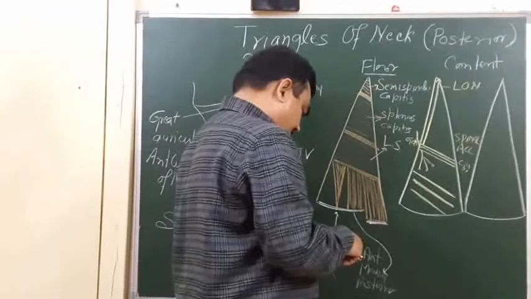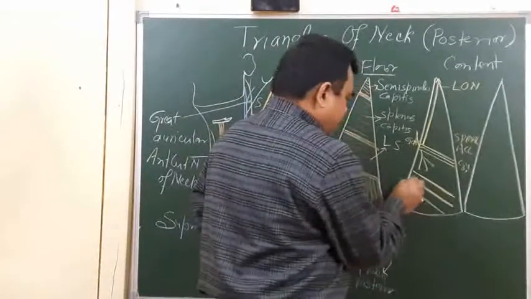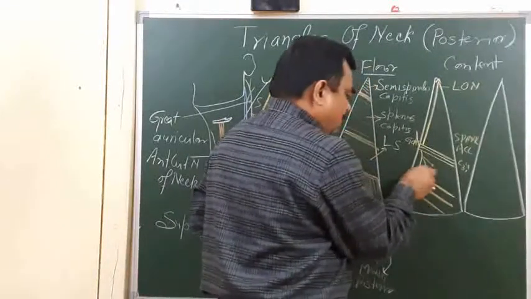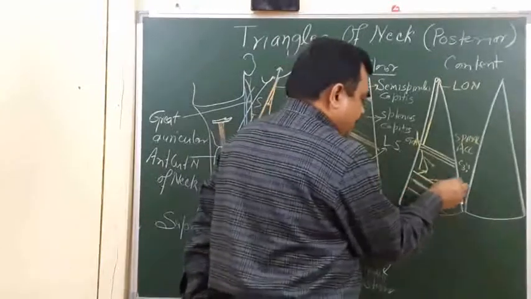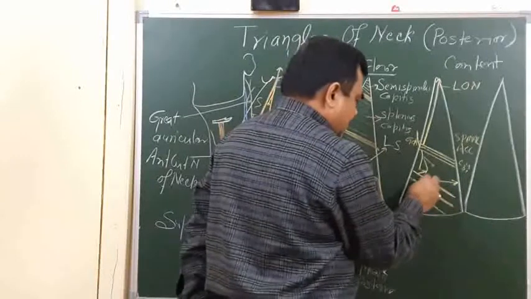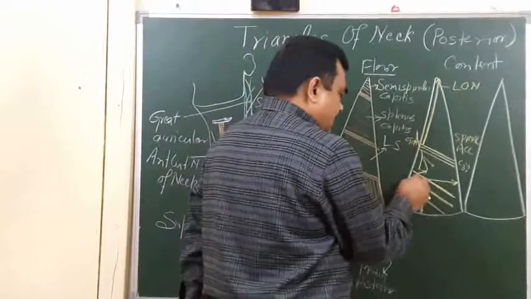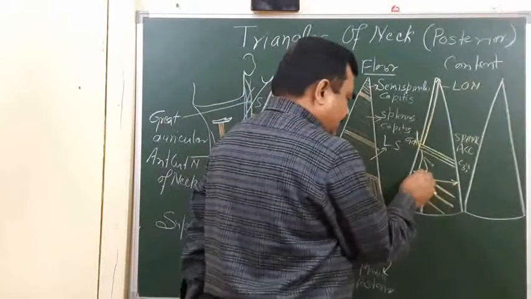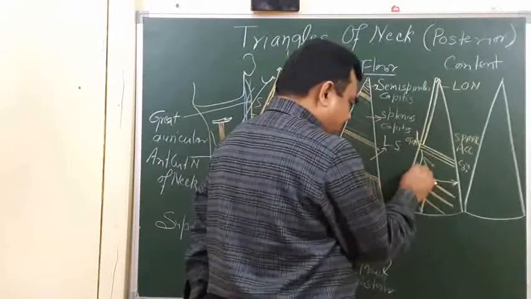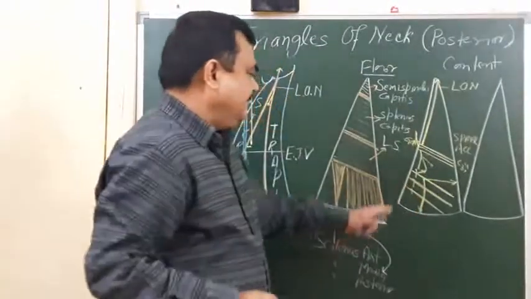These give branches: the nerve to rhomboid, suprascapular nerve, nerve to subclavius, and also the nerve to serratus anterior.